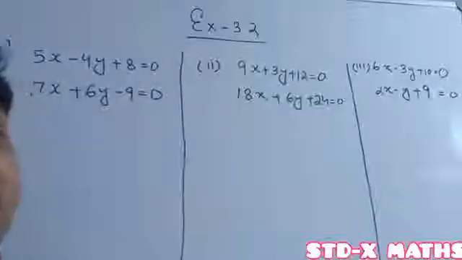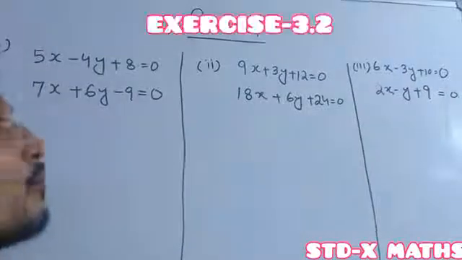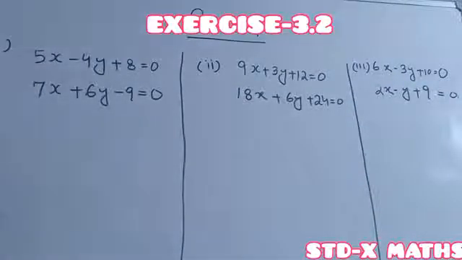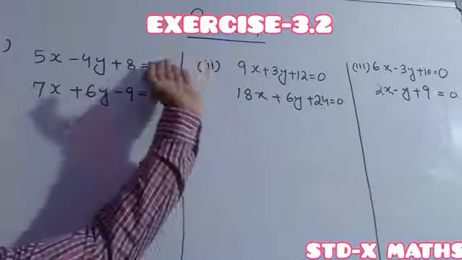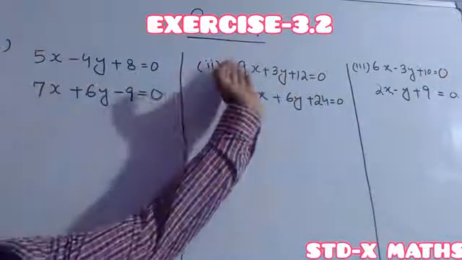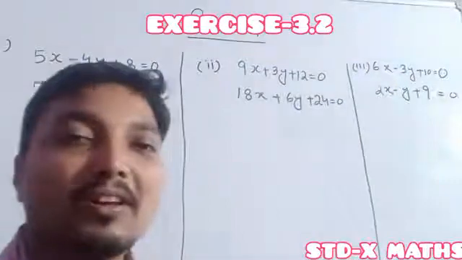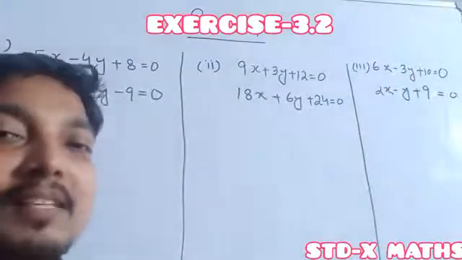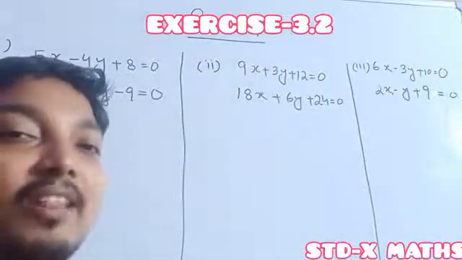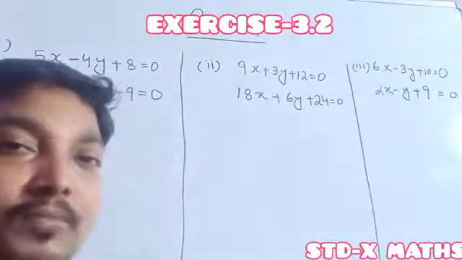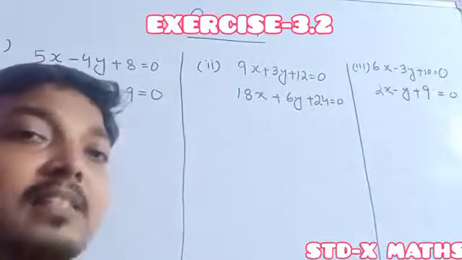In exercise 3.2, question number 1, pairs of linear equations are given. You just have to check the ratios a1 by a2, b1 by b2 and c1 by c2.